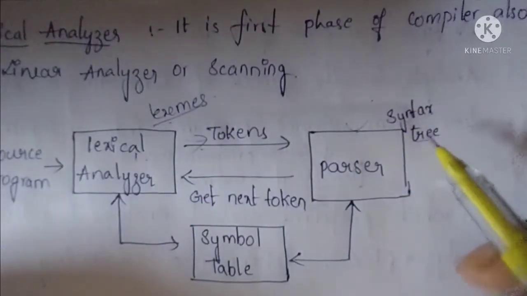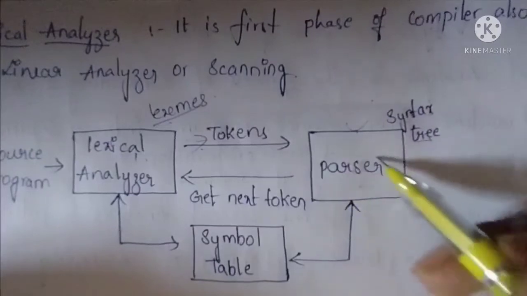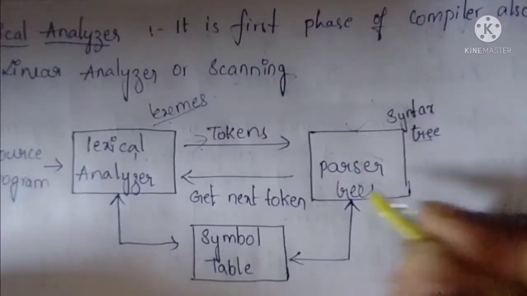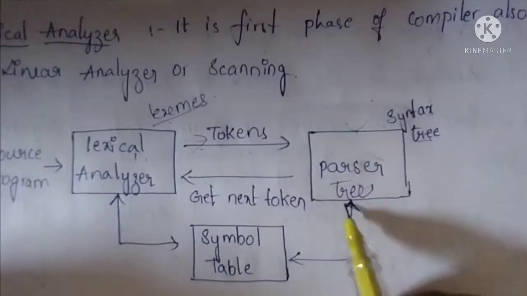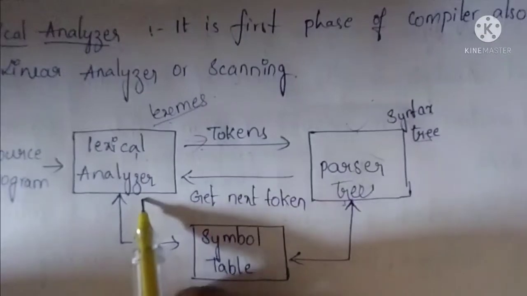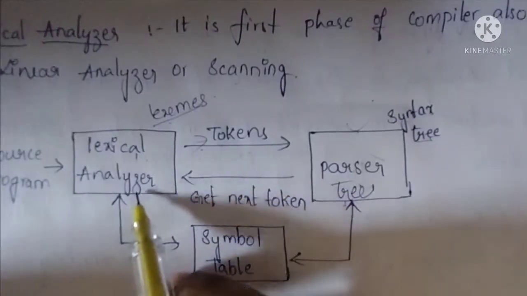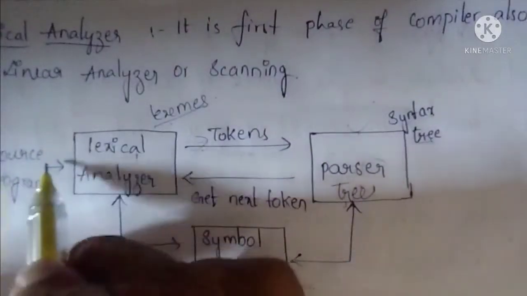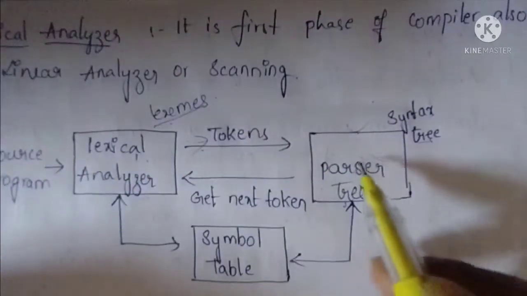In the next phase it will generate the output as a parse tree. Then the parser will ask the lexical analyzer for the next token, so the lexical analyzer will take the next token from the source program. Once it takes one character, it again takes another character.